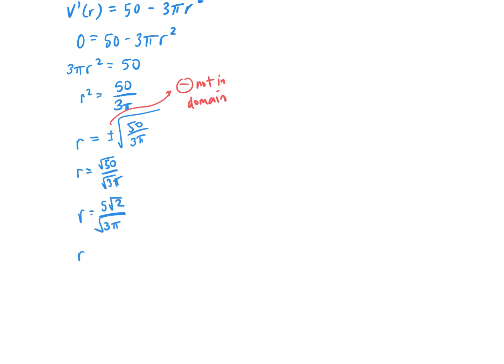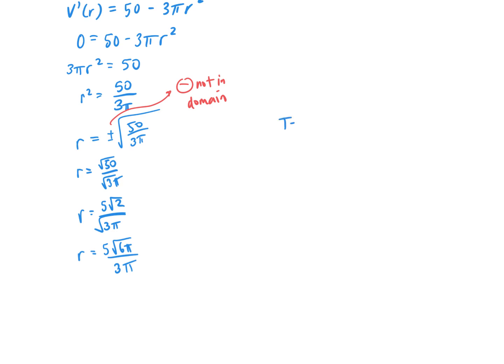And then now I'll multiply top and bottom by the square root of 3π. So I'll have 5 square root of 6π over 3π. So there's our exact radius. And again, I ignored the negative because it wasn't within my domain.